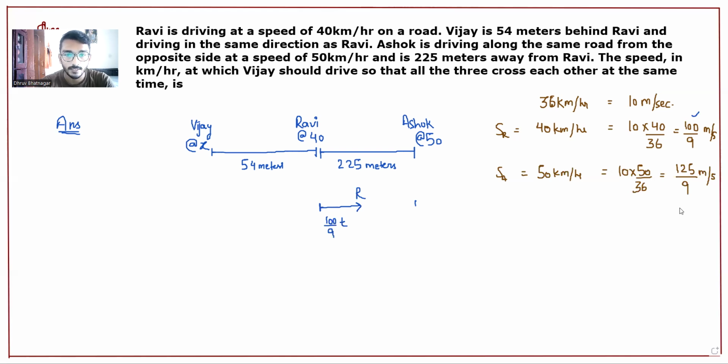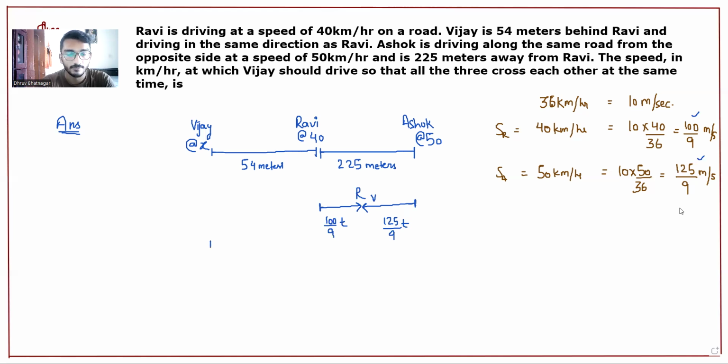And Ashok must have traveled in the opposite direction in the same time, and the speed of Ashok is 125 by 9. That is how the two will meet one another. I can just find this time t by the relative speed concept.